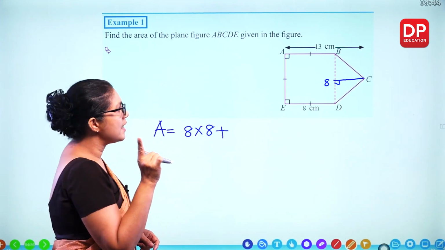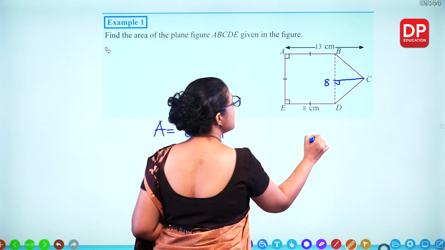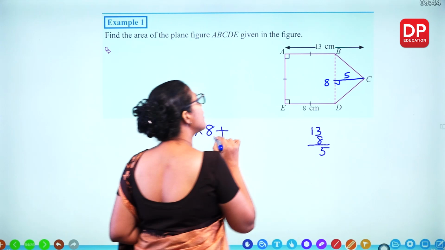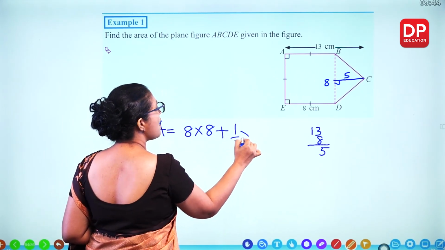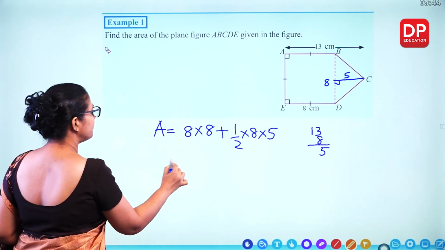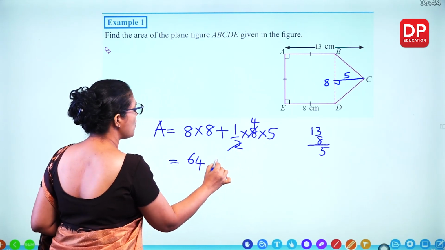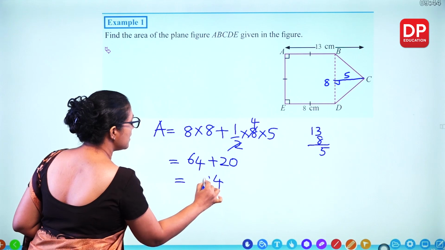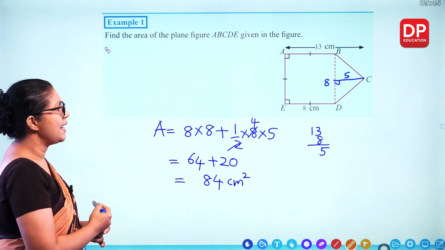How can we find out that height? 13 minus 8 is 5. So this perpendicular height is 5. So you can add half times base times height 5. 64 here. 2 times 4. 4 times 5, 20. 64 plus 20, you get 84 square centimeters for the total area.